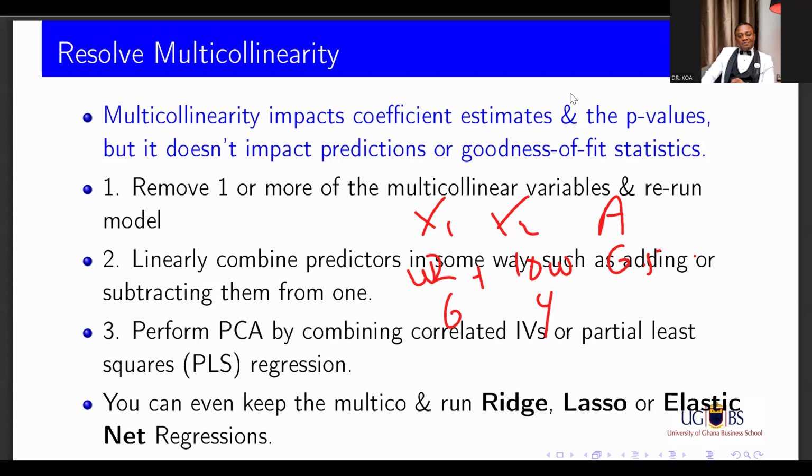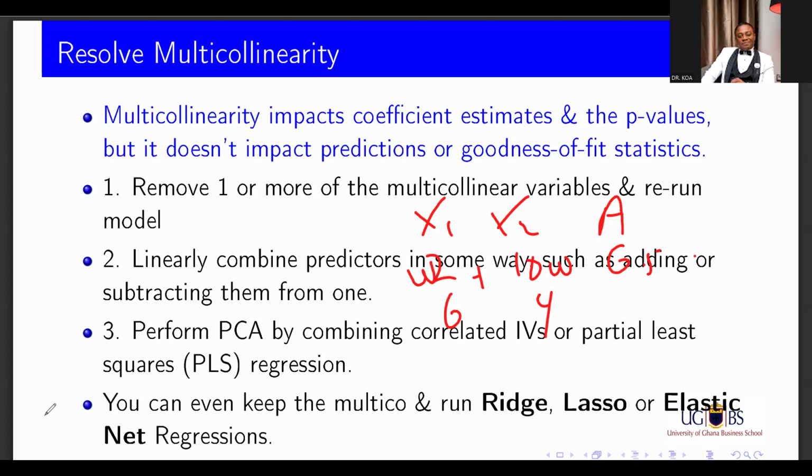The regularization methods are used to run the entire regression model, and they automatically handle nonlinearity and multicollinearity. And among them are the lasso, the ridge, and the elastic net regressions. These will help handle the multicollinearity for you in the model.